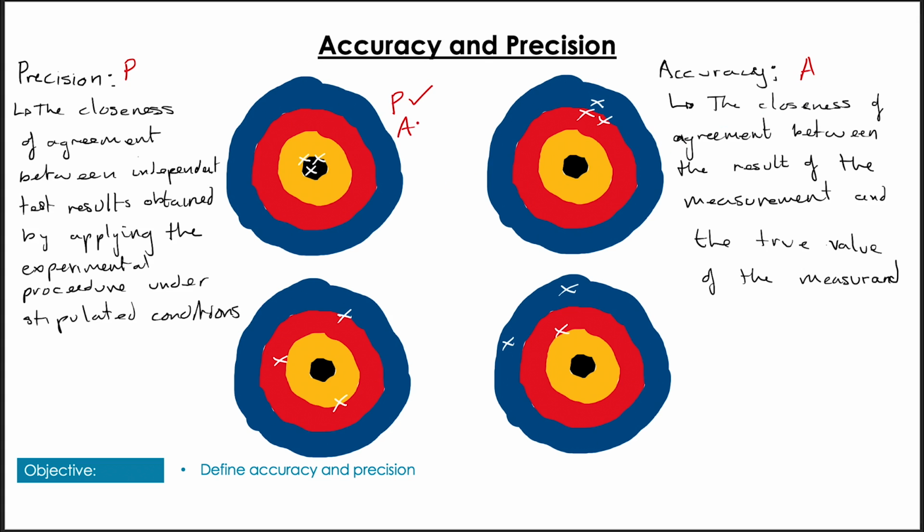The second target is precise but not near the measured value, so that is inaccurate. The third target is accurate if we were to take average values but imprecise as we can't repeat those values. And lastly, the bottom right target is both imprecise and inaccurate because they are neither near the measured value nor near each other as measurements.